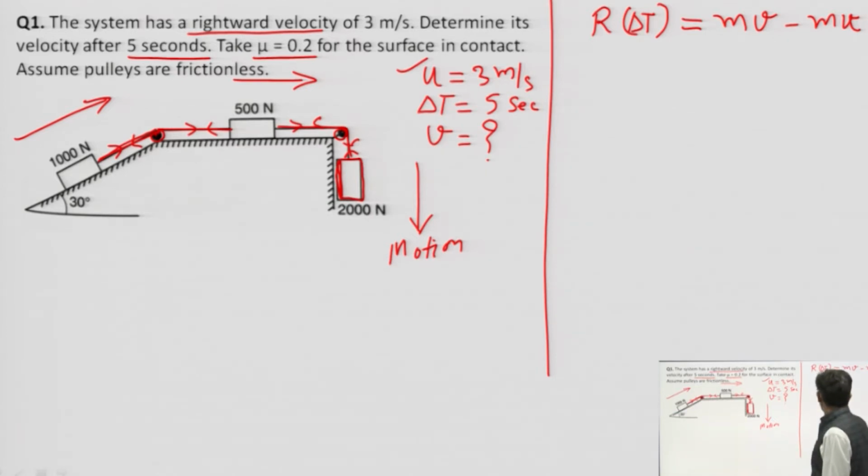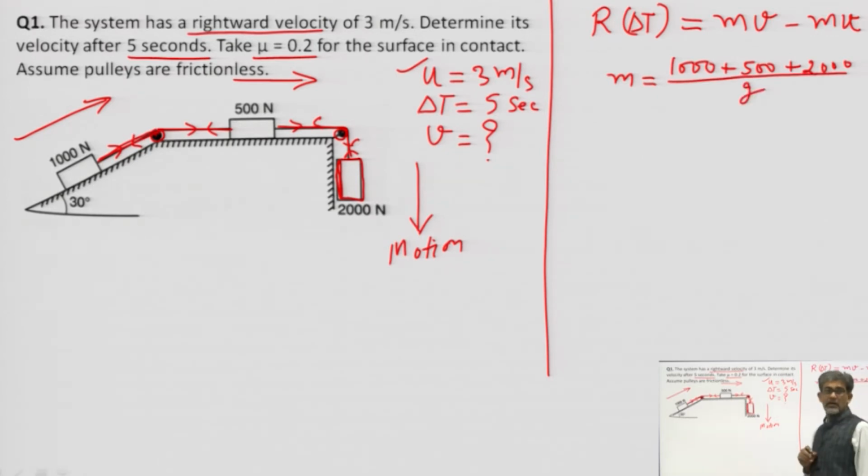And what will be the value of m here? Since we are applying this equation to the entire system, the value of m will be 1000 plus 500 plus 2000 divided by g.